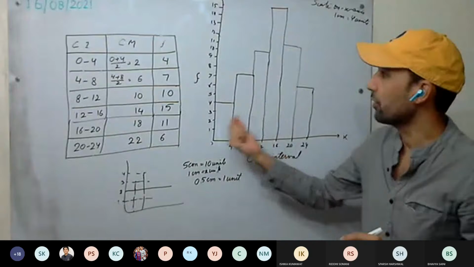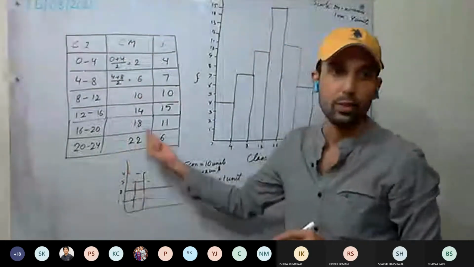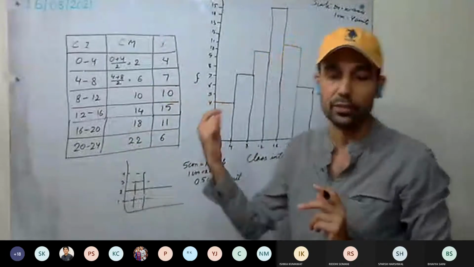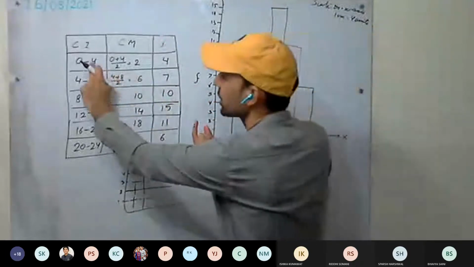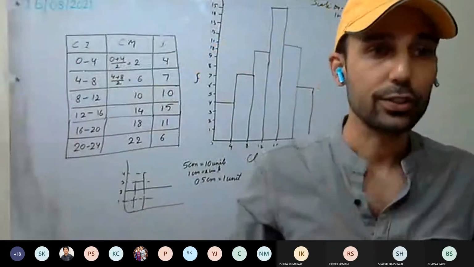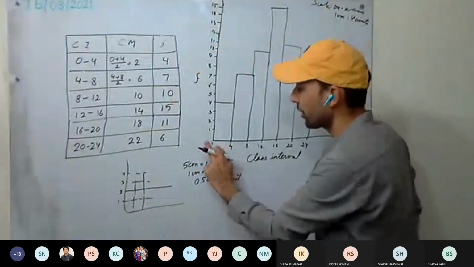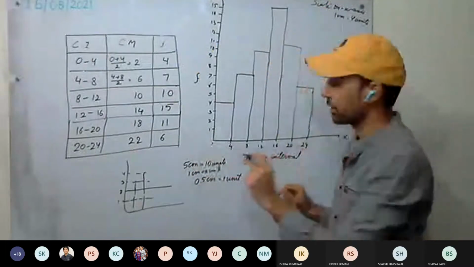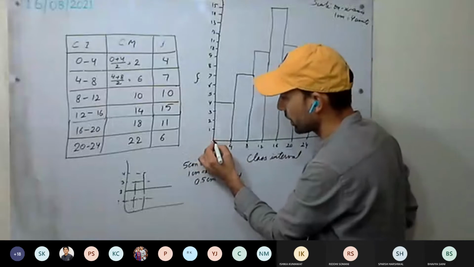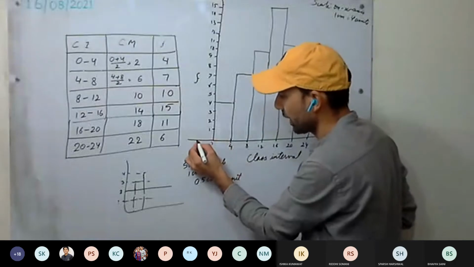In a histogram we don't require class marks. For a frequency polygon we require class marks. So for a frequency polygon we also require one class before this, 0 to 4. In some books we don't take negative, we start from 0. In some books we take negative, like in our book.